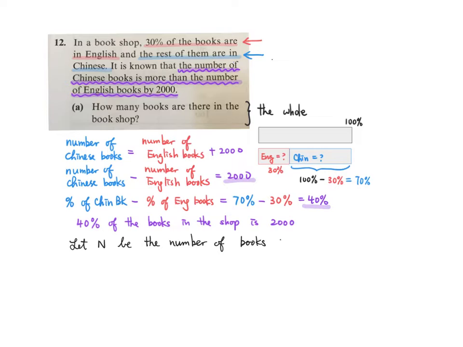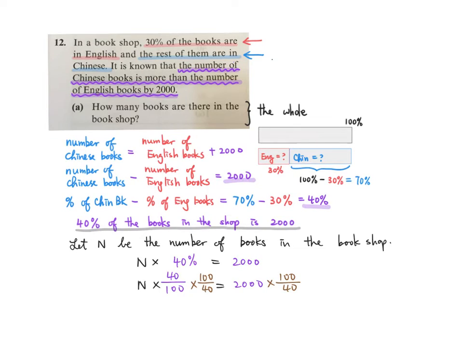If we let n be the number of books in the bookshop, we will have n times 40% equal to 2,000. After the calculation, you will get the answer n equals 5,000. So there are 5,000 books in the bookshop.